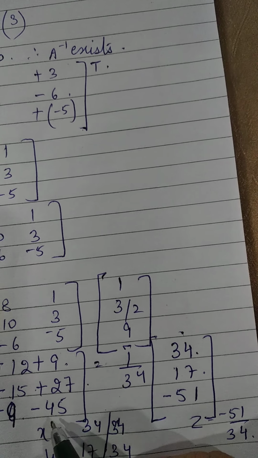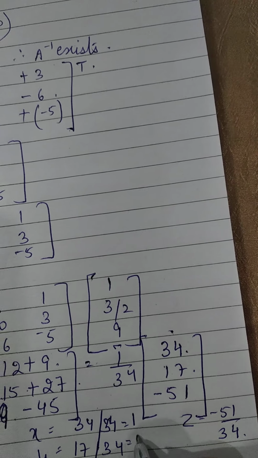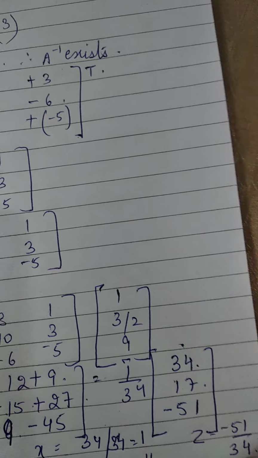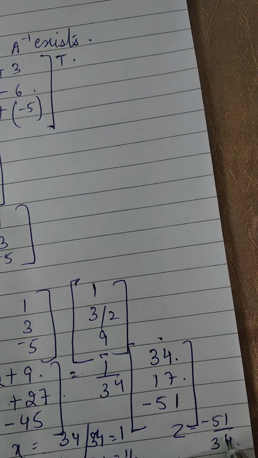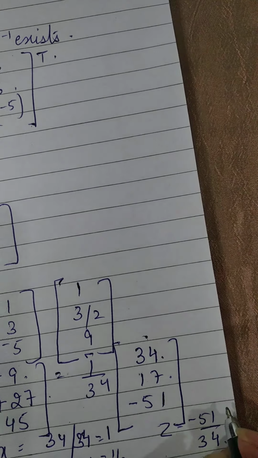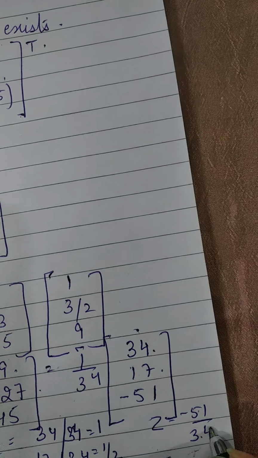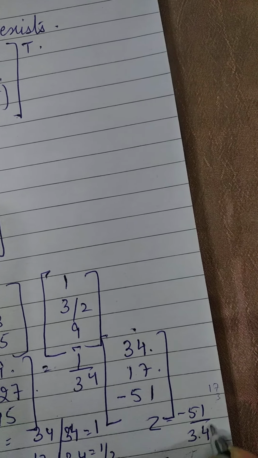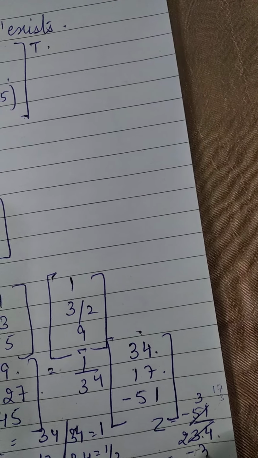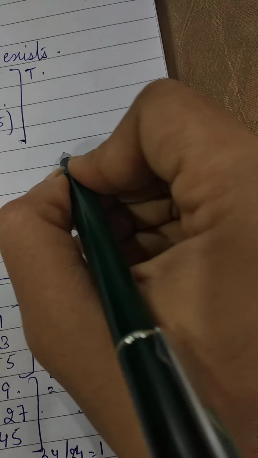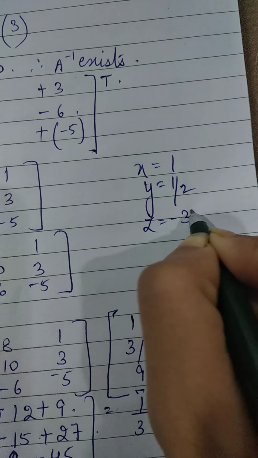So we have this equal to 1, this equal to 1 by 2, and this is equal to minus 51 by 34. So that's 17 2s are 34, 17 3s are 51, so that's minus 3 by 2. So we can write X equal to 1, Y equal to half, and Z equal to minus 3 by 2.